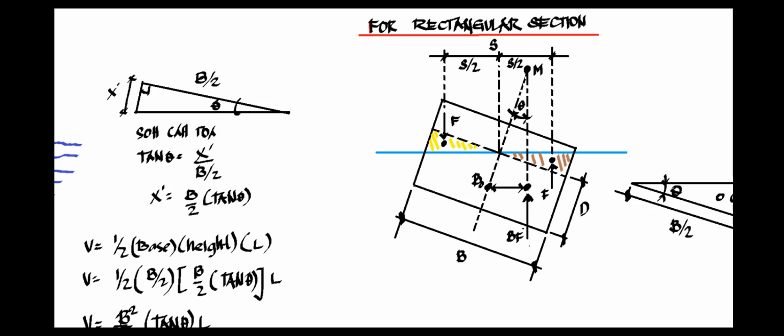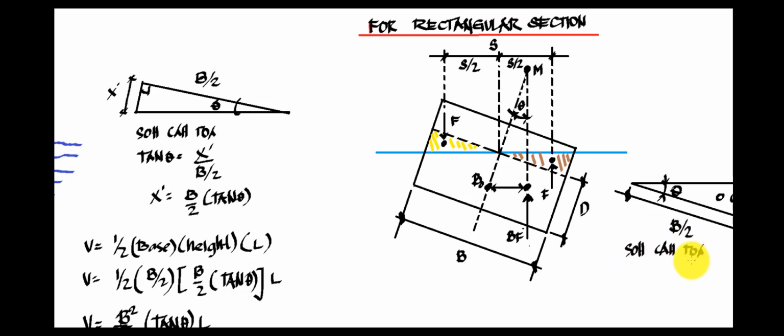Now to get the value of this side, which is the opposite, we have the given B over 2. Looking at the trigonometry, we have your adjacent value, and we need to find the opposite here.